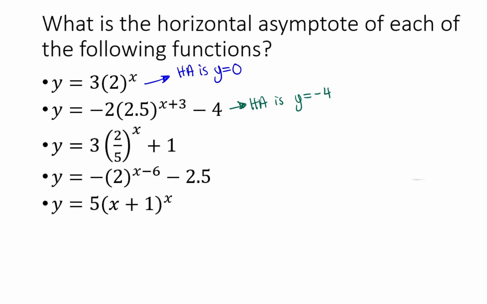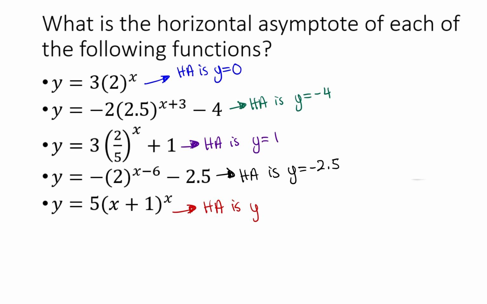And for the next question, we have HA is y equals 1. For the next question, we have HA is y equals negative 2.5. For the next question, this one doesn't have a k value. Looks a little bit weird, but the HA for this one is y equals 0.